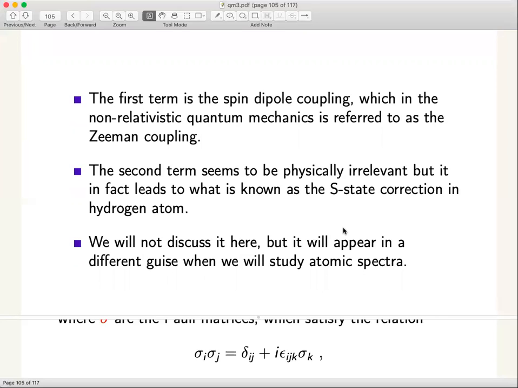To summarize it in one line, if you look at the spin coupled to electromagnetic field terms in the non-relativistic problem, typically those couplings give a contribution to energy only if the angular momentum values are non-zero.